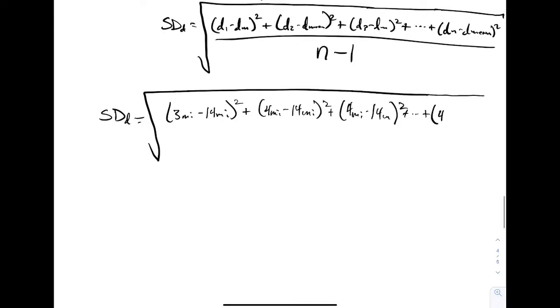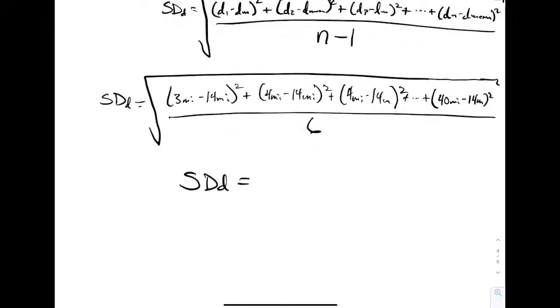So we had 40 miles minus 14 miles squared. And then we're going to divide by 7 minus 1. Of course, it's 6. So the standard deviation in the distance would be 13.2 miles, which is pretty large.